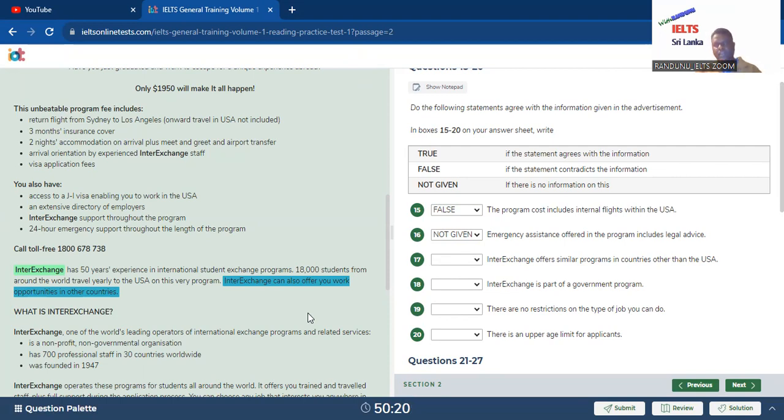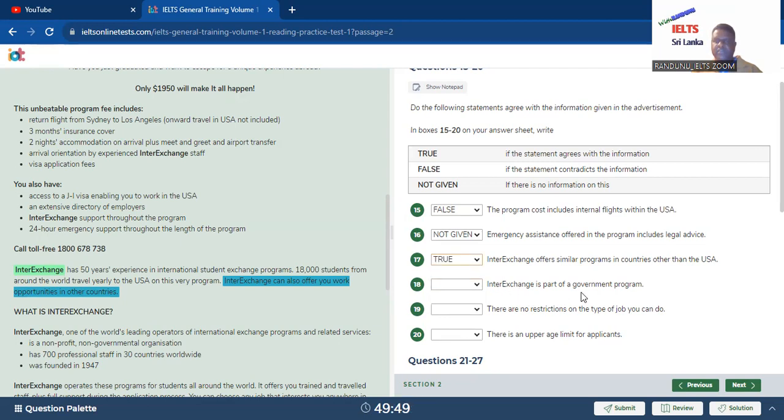That means for other countries also they are giving similar kind of things, right? Because this is about work and travel. Travel is a must, no? Without traveling, you can't work. It's not working from home. So it is okay to say it is true because they are offering similar things to other countries too.